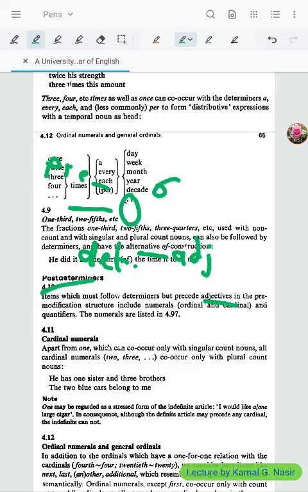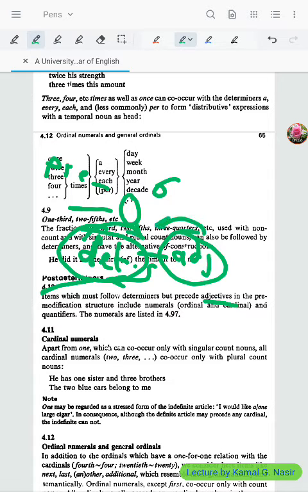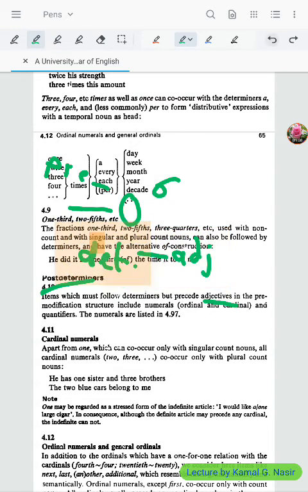So they are called what? Post determiners. The place of the post determiner is after the determiner and before the adjective. This is what the post determiner is. And they precede adjectives in the pre-modification structure.